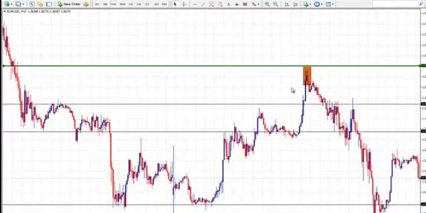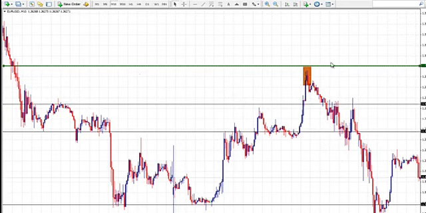You can clearly see that price went all the way up to this inflection point in the market, and of course it didn't touch it, because remember that support and resistance are areas, they're not lines, and sell orders might have started at 36.66.5 all the way up to 36.73.5.